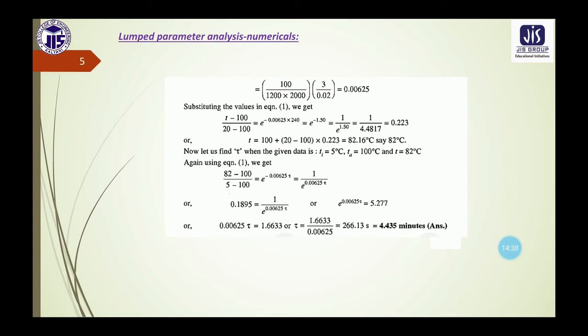So using the concept of the Lumped parameter analysis, as given in the question, based on the Biot number, Fourier number and the equation of the Lumped parameter analysis, we have calculated the necessary things in this question.